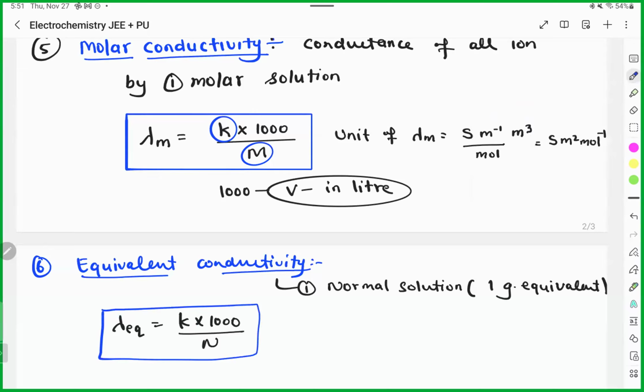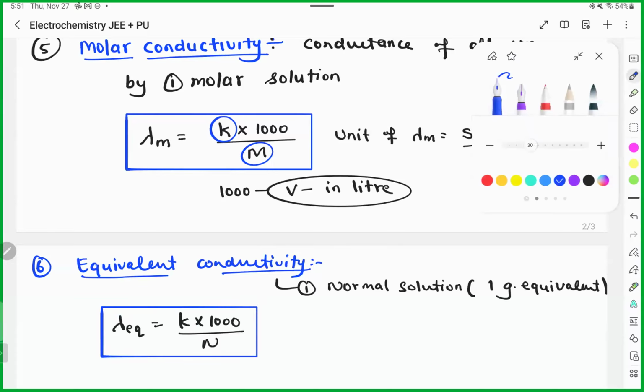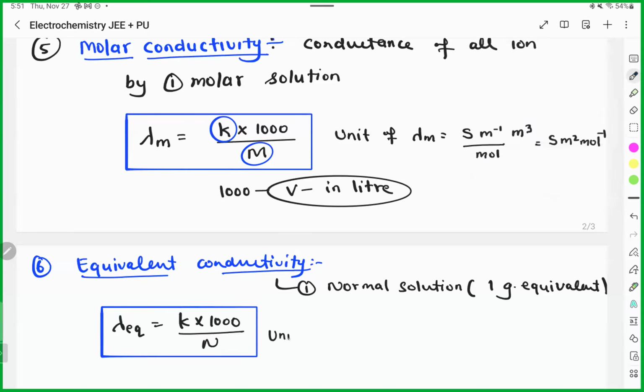Here you have normality. Chinmay, what will be the unit in this situation? We can take it as ohm inverse meter square gram equivalent inverse, correct?